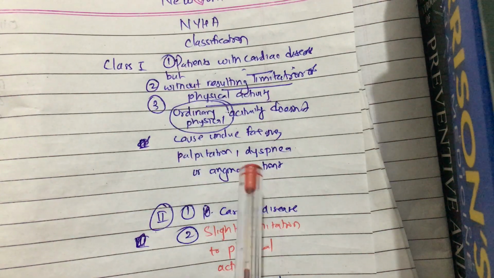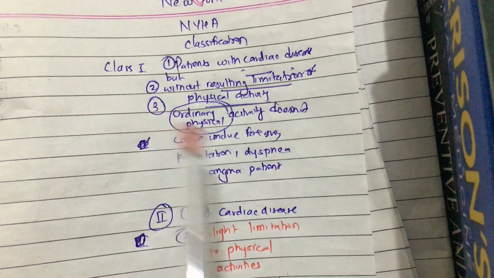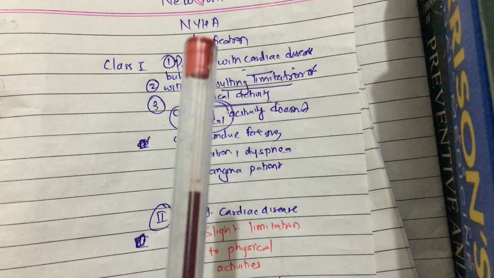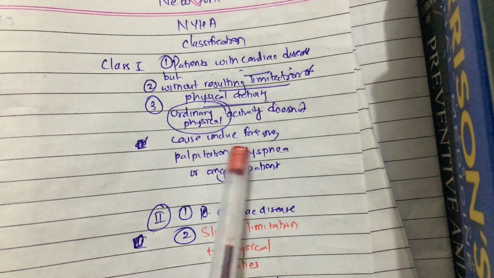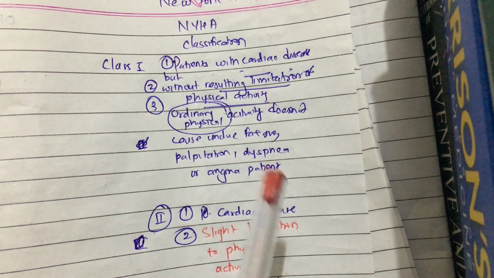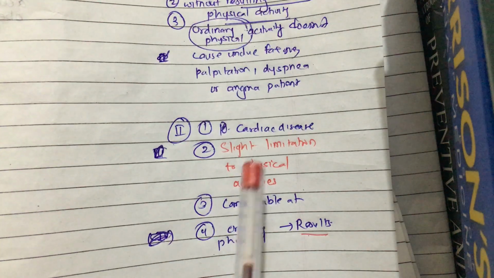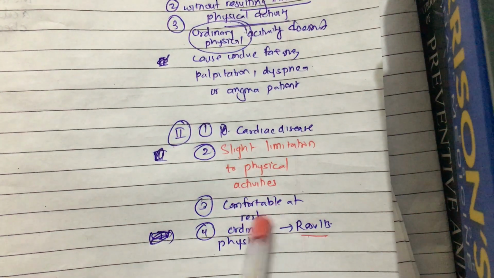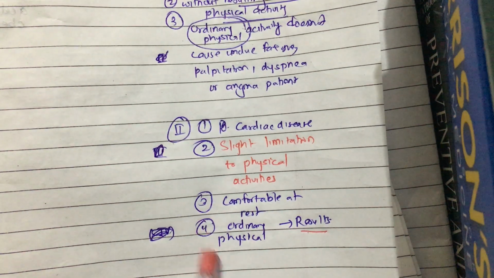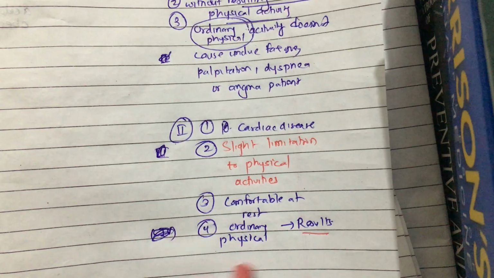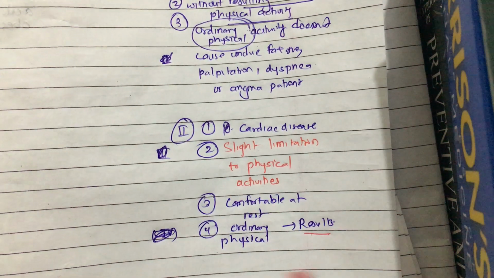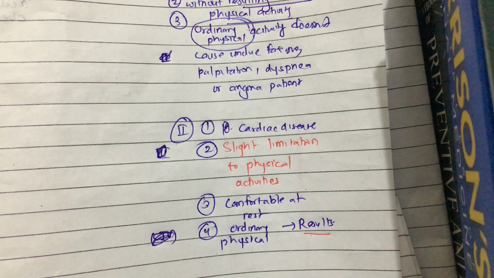Also, both of all classes have cardiac disease, but in class 1 there is only cardiac disease. There is no limitation to the physical activity, and ordinary physical activities does not cause any undue fatigue, palpitation, dyspnea or angina pain. But in class 2 there is slight limitation to the physical activity, but they are comfortable at rest. But when they do any ordinary physical activity, there is undue fatigue, palpitation, dyspnea or anginal pain.